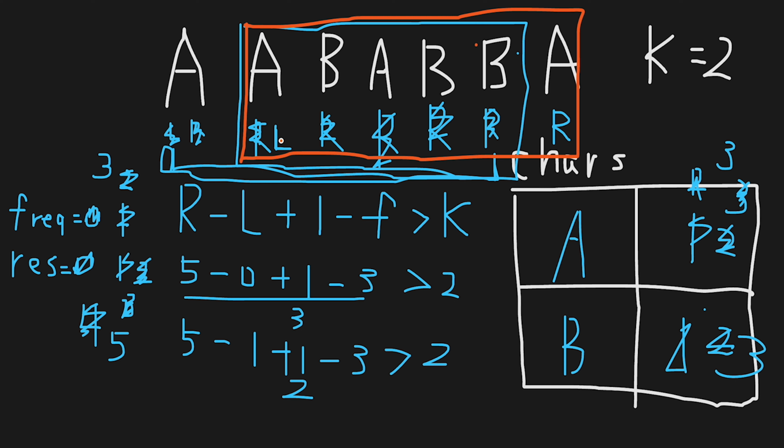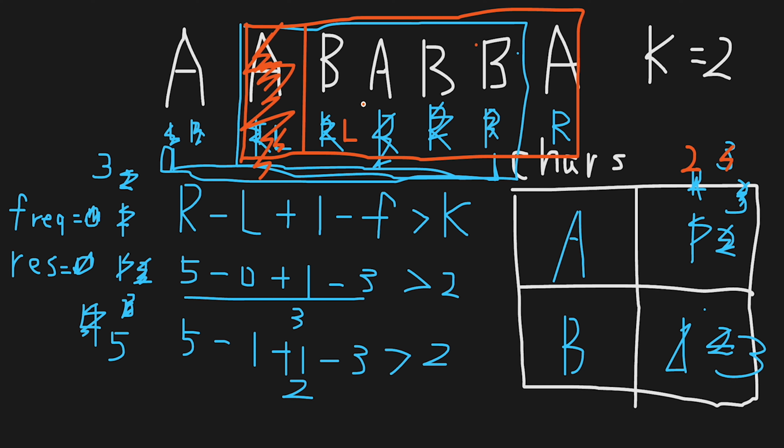So we need to shorten the range between the left pointer and the right pointer. So update the left pointer to next, and then remove the most left character A. So now A is 2, and the range between the left pointer and the right pointer is now here.